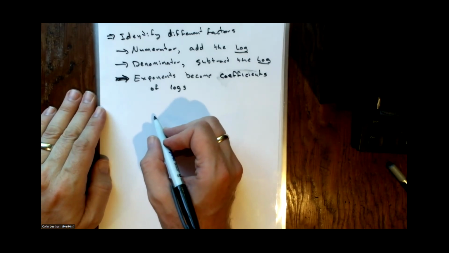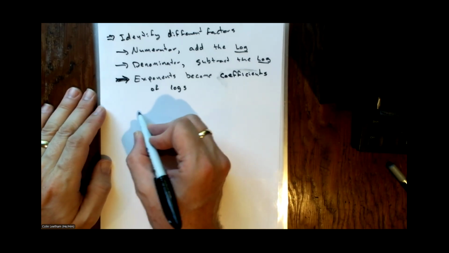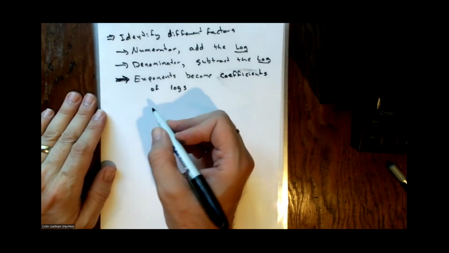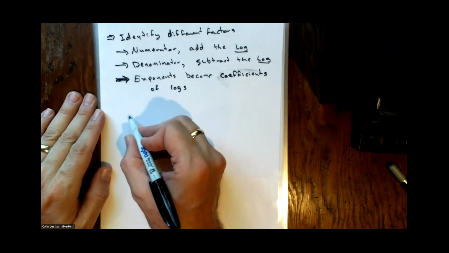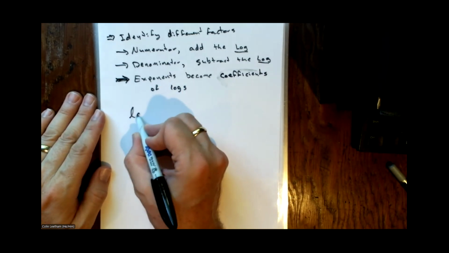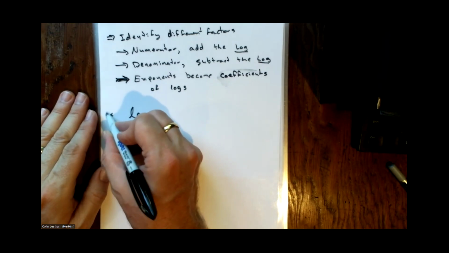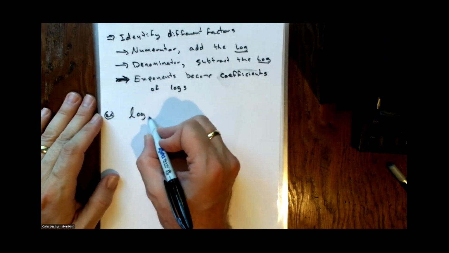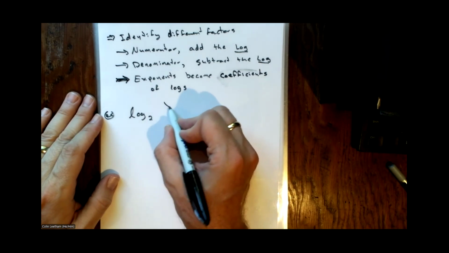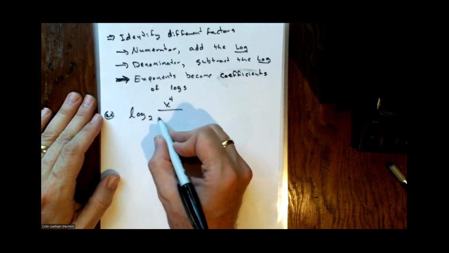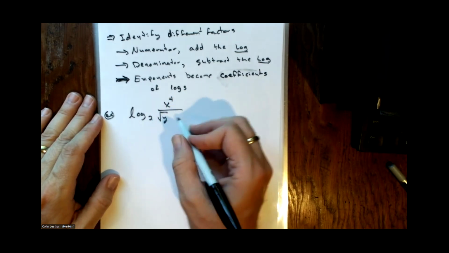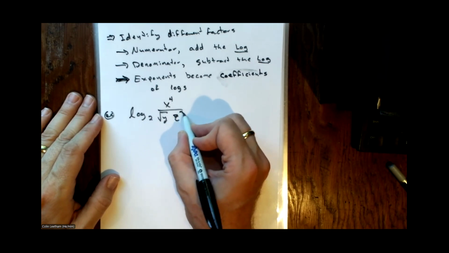So I'm going to do something a little bit tricky just to show you how quickly and how smoothly this actually works. Say I've got log base 2 of x to the fourth over the square root of y and then the z cubed.